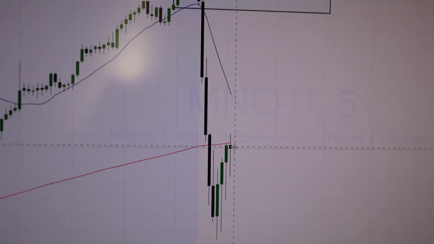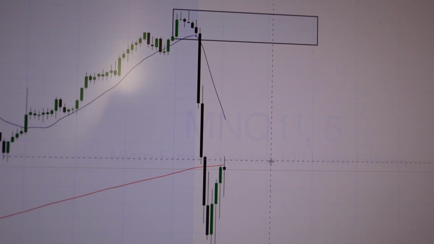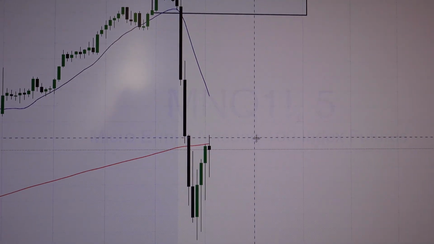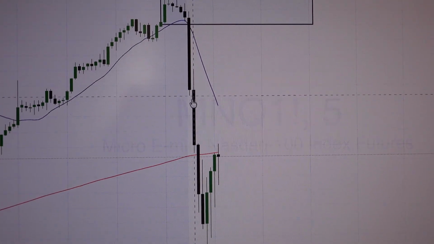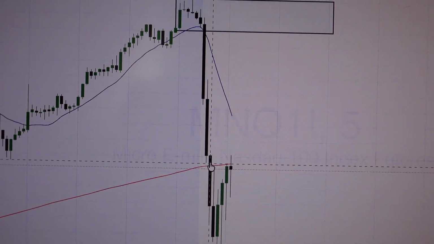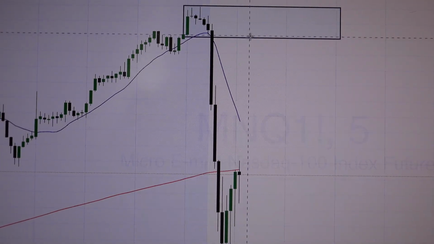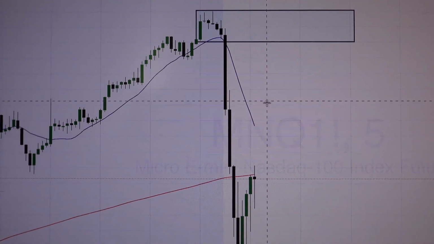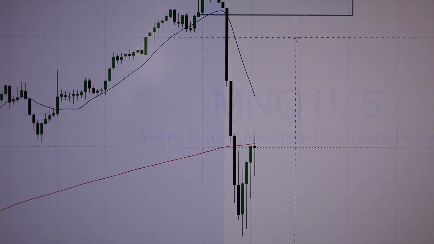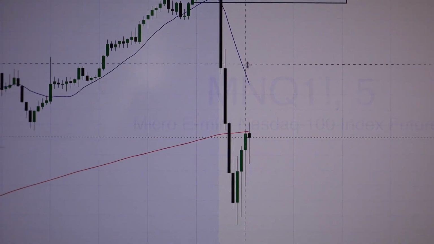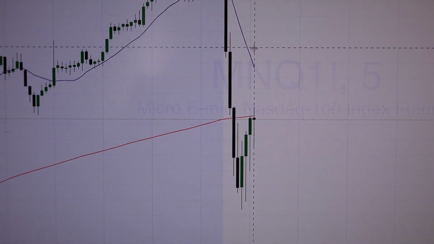Once you have a strategy, a system, and you got experience, this right here ain't gonna phase you, because you're gonna wait for price to come back and hit your strategy and make the proper movements. So since price didn't come back to the supply zone, it's no trade.